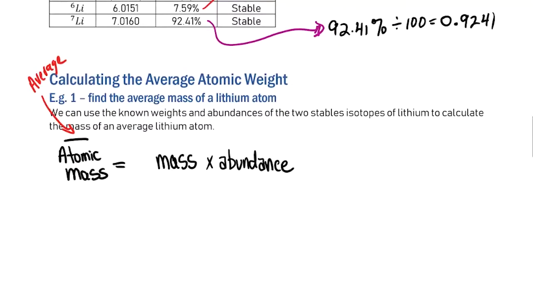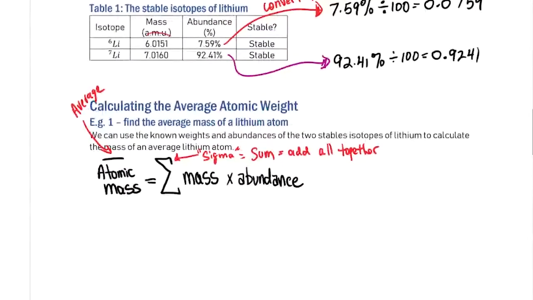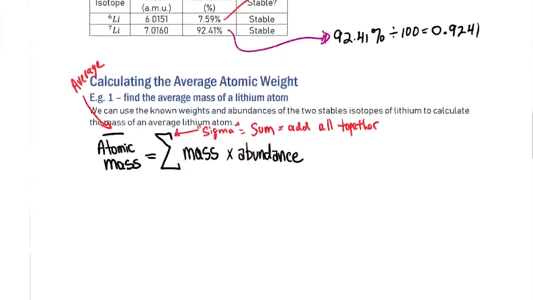And we're going to do that for all the isotopes and add them up. And that's what this symbol means. This symbol here is a Greek letter sigma, and it means sum. And if you're not entirely clear what the word sum means, it just means add all together. So for each of these isotopes, we're going to take how much it weighs and multiply it by how common it is. And that'll help us find the average atomic mass.